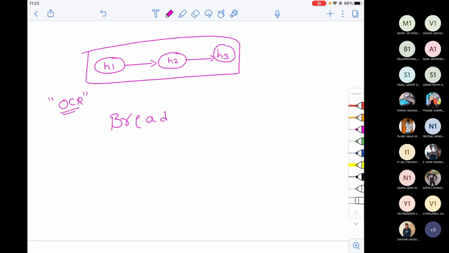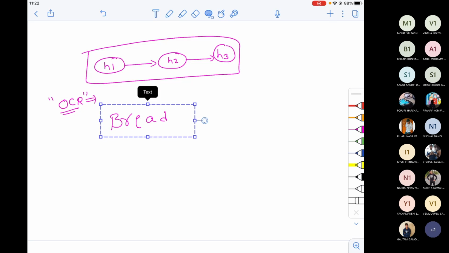OCR, I think many of you know about this. It's one of the fundamental applications of computer vision. Optical character recognition takes handwritten characters, analyzes them and converts them into typed text. Let us try this.